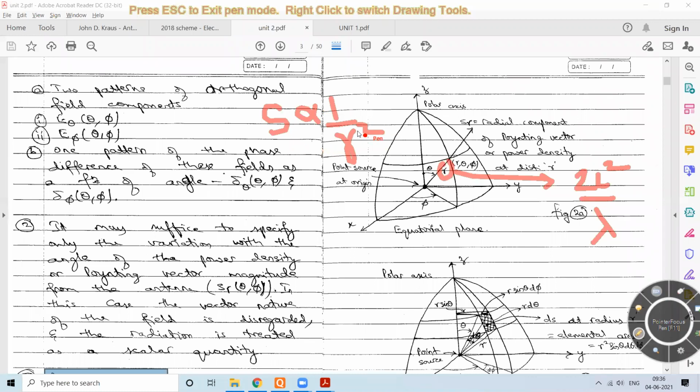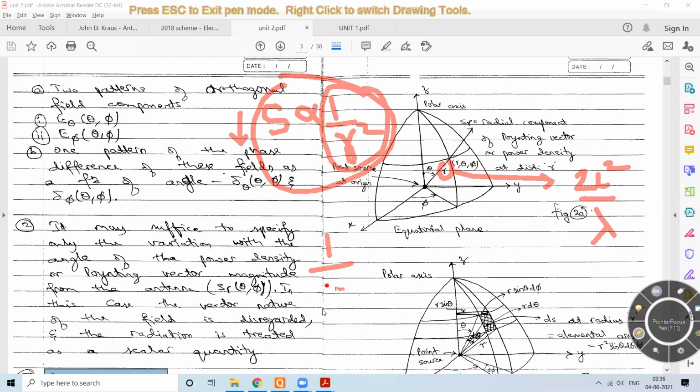It is inversely proportional to the square of the distance. So if you keep on increasing, this goes on decreasing. But there is another point over here. As you move further, this component goes on reducing.